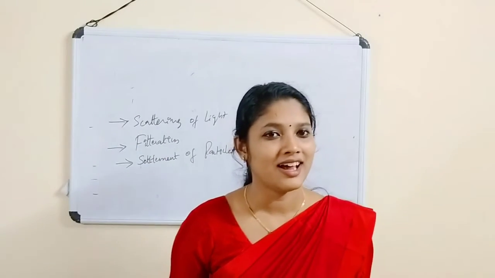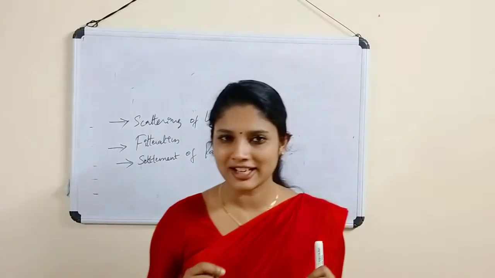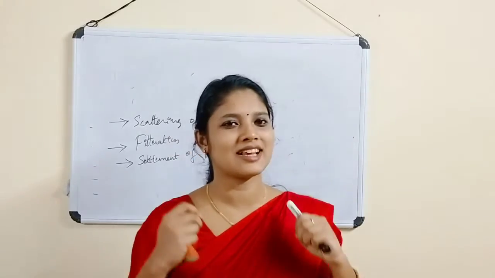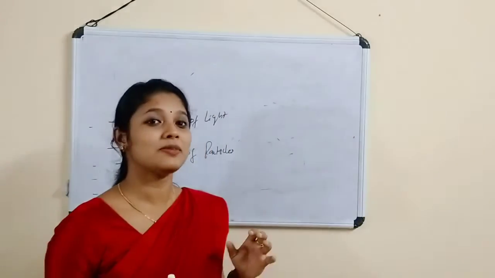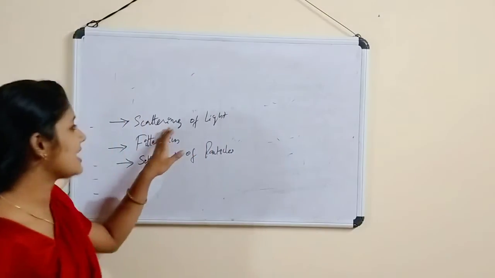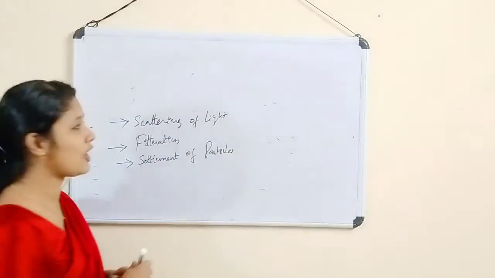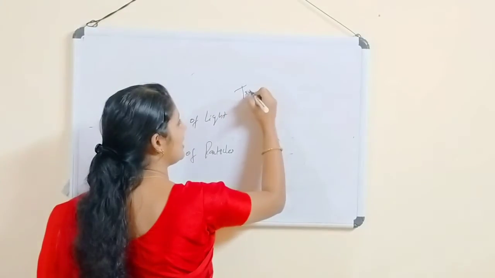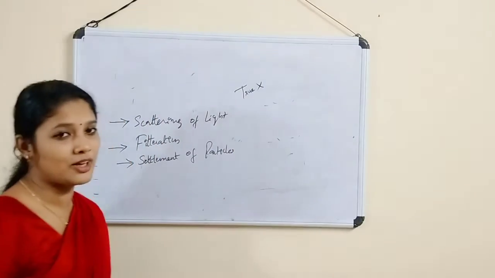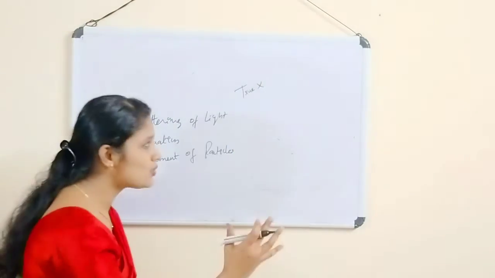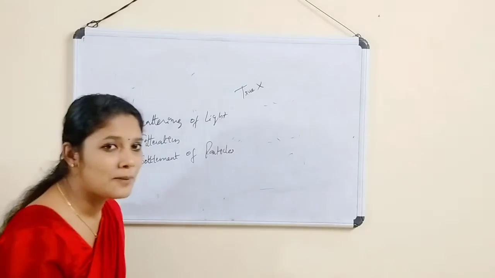I hope all of you have written the answers. Now, let us discuss the answers. Scattering of light in true solution will not take place because the dissolution is complete.